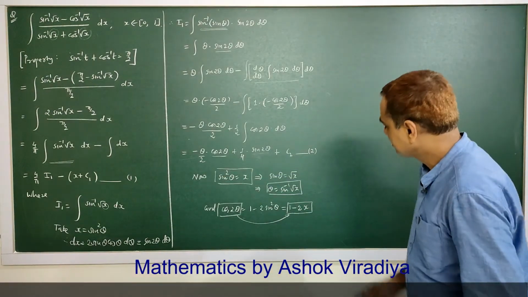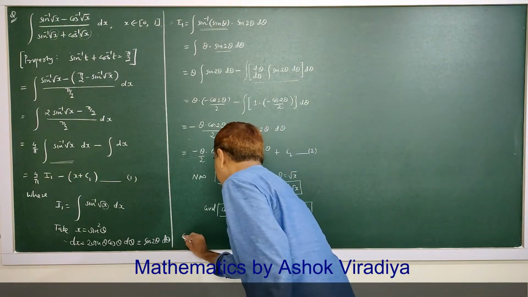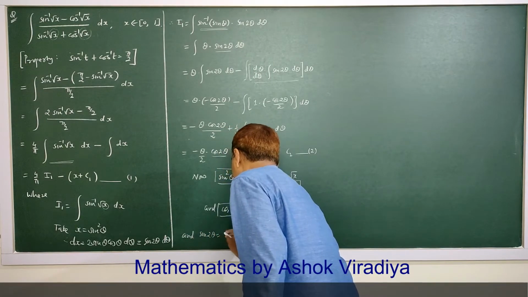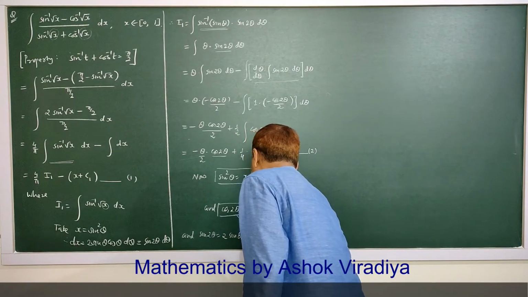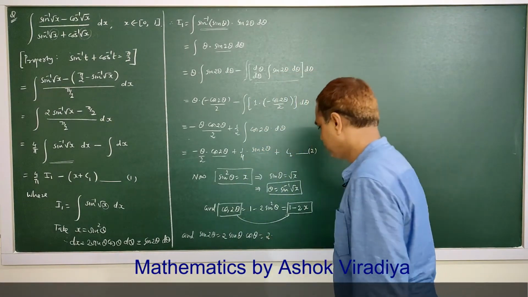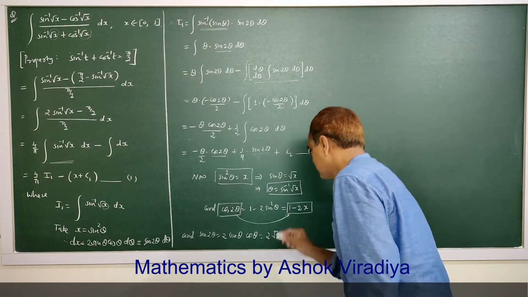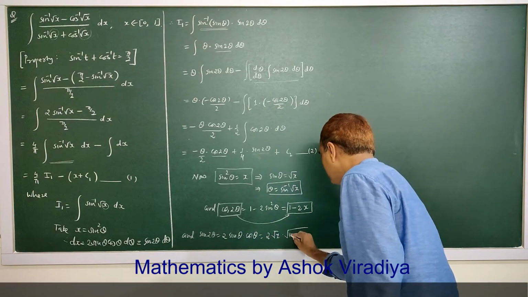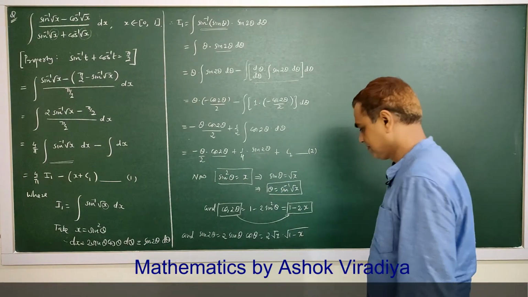Then we want sine 2 theta. Sine 2 theta is 2 into sine theta into cos theta. Sine theta is root x, and cos theta is the square root of 1 minus sine square theta, that is root of 1 minus x.